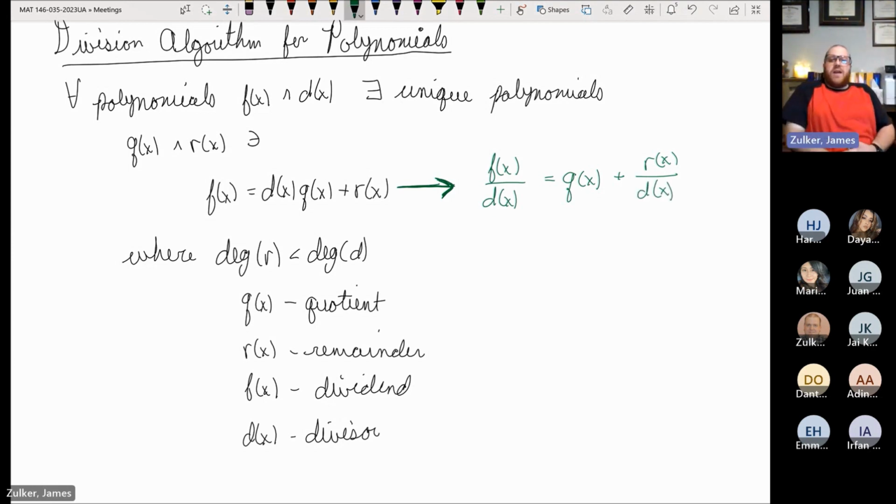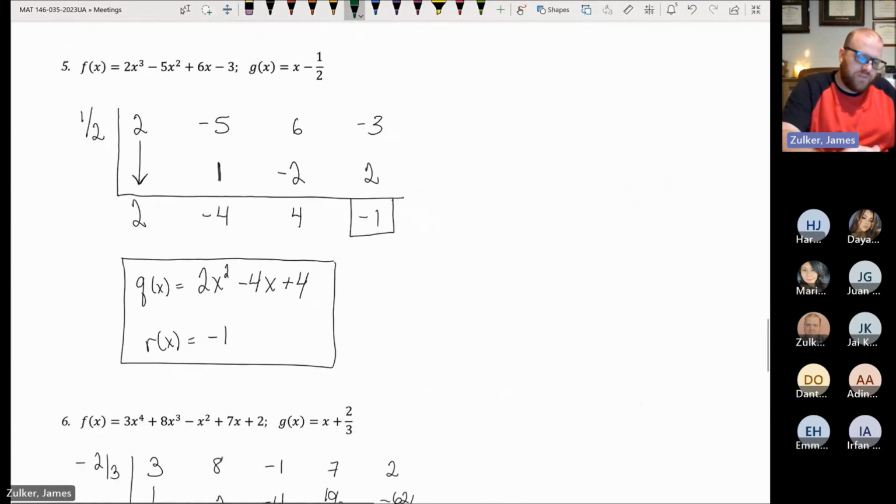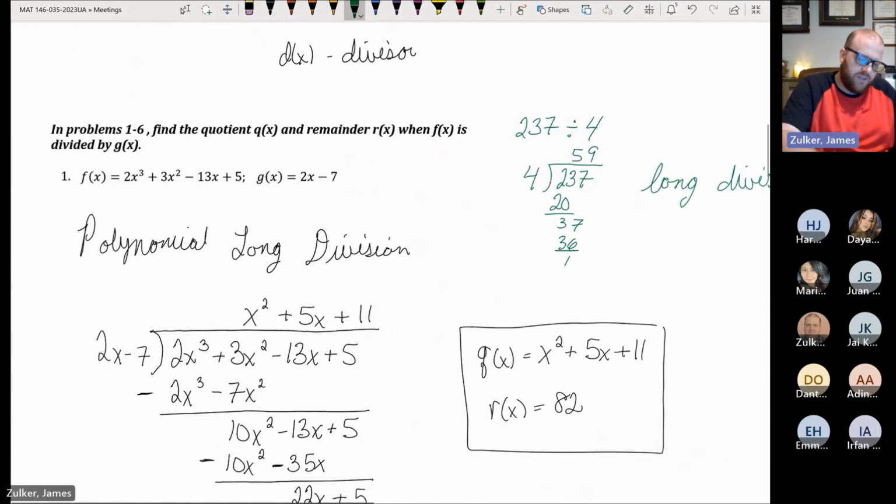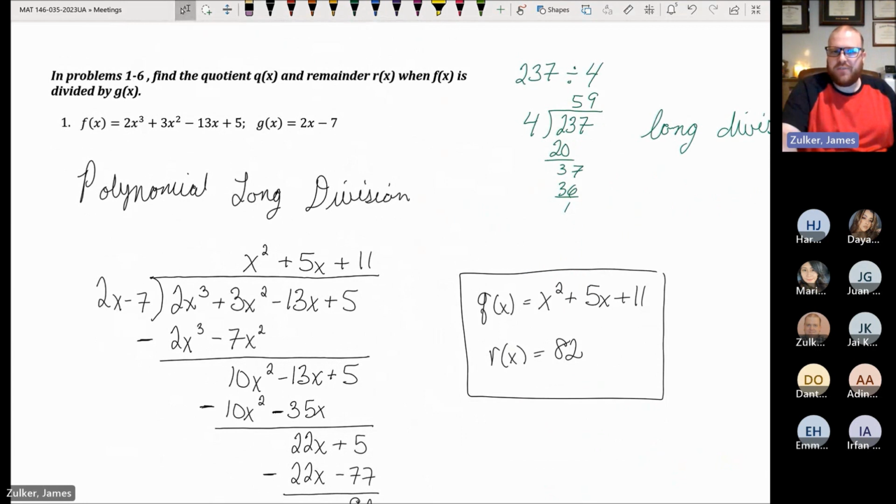We could also write it this way. Right? So notice that the instructions for the first set told us to find the quotient and remainder, right?